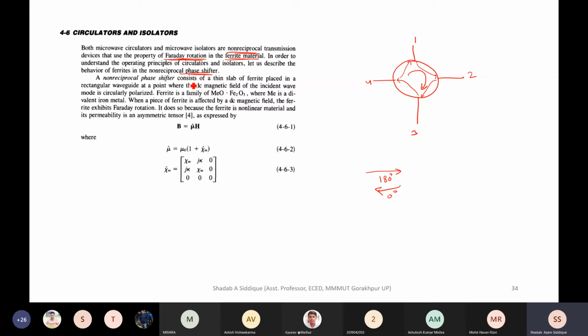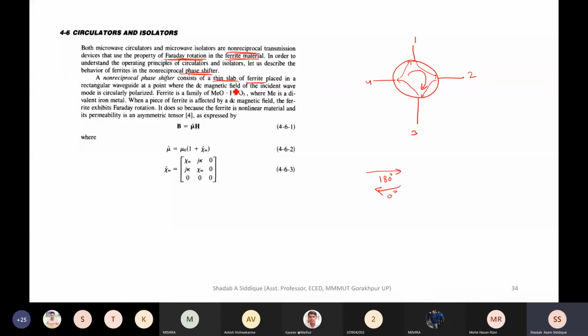A non-reciprocal phase shifter consists of a thin slab of ferrite placed in a rectangular waveguide. A thin slab of this ferrite material is placed in the rectangular waveguide at a point where the DC magnetic field of the incident wave mode is circularly polarized.